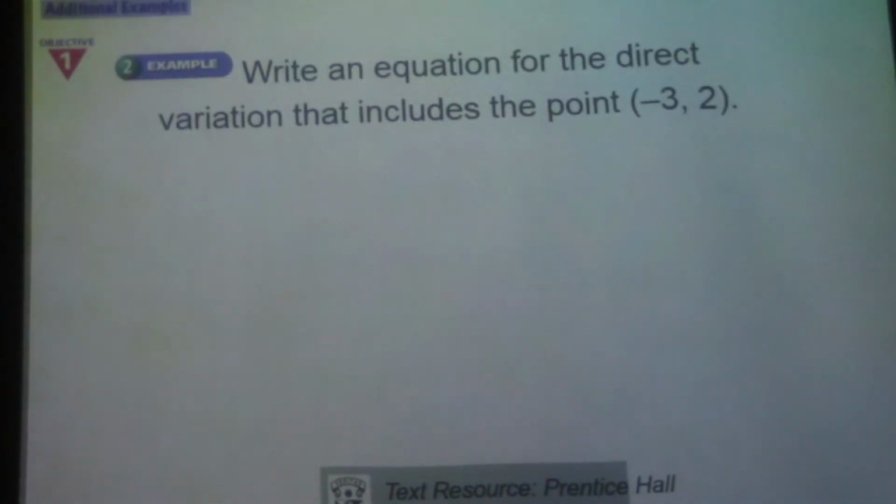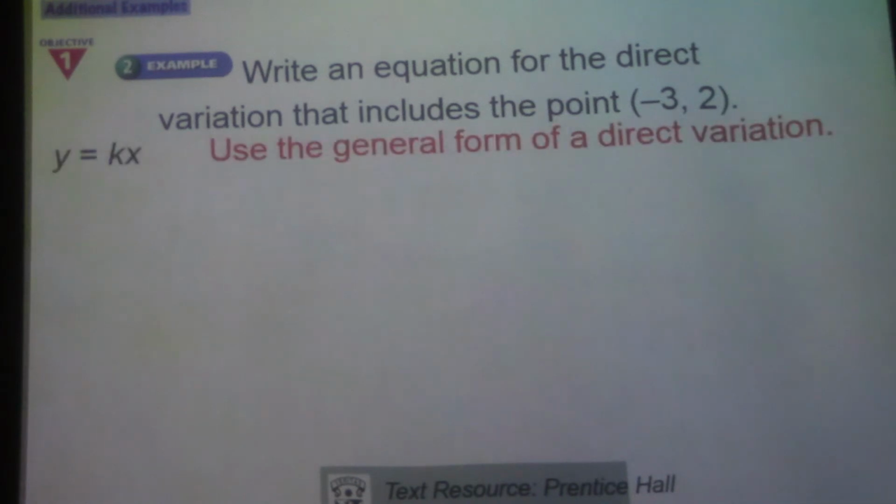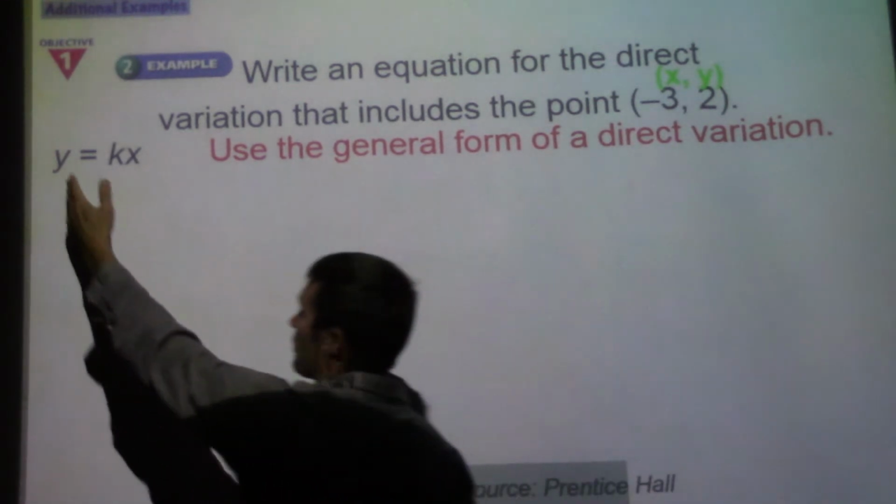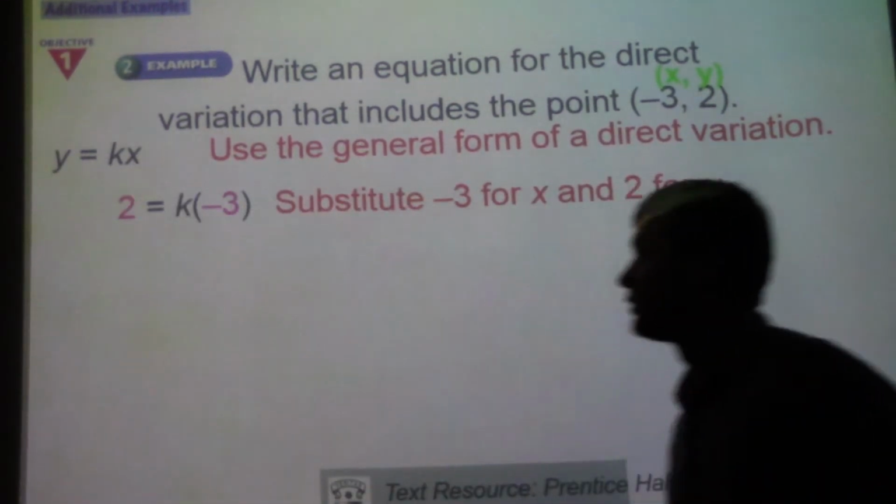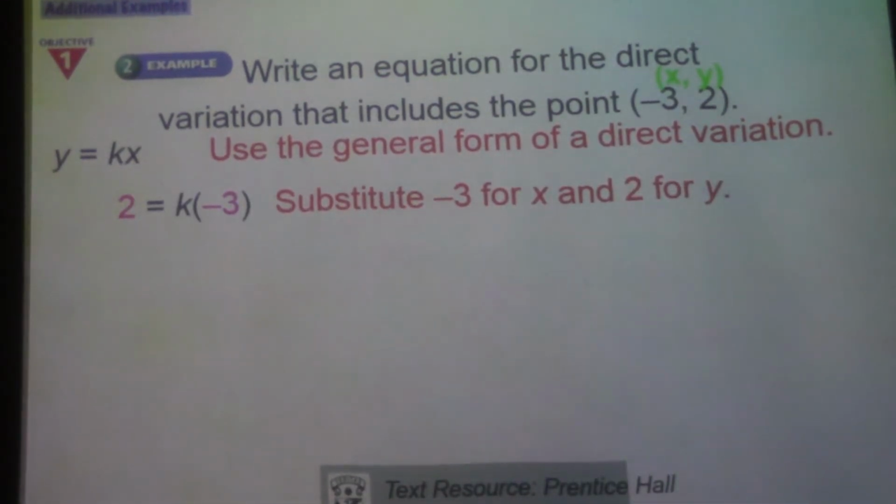Next, we want to write an equation for the direct variation that goes through the point negative 3, 2. Our equation is y equals k times x. They give us an x and a y, so we plug them into our equation. 2 goes in for y, negative 3 goes in for x.